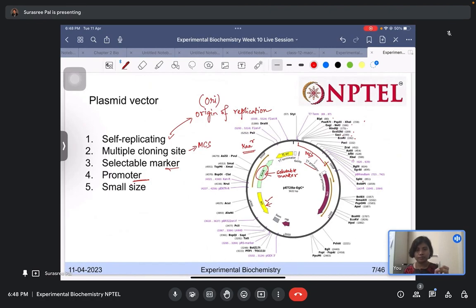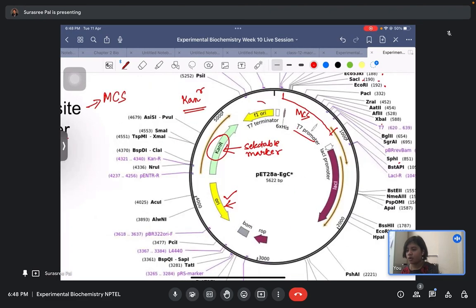And the point that you were asking, that is the F1 origin. The F1 origin is actually a phage-derived origin, that allows replication and packaging of single-stranded DNA into phage particles.